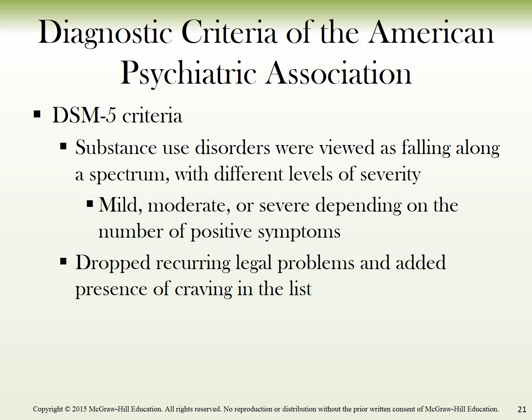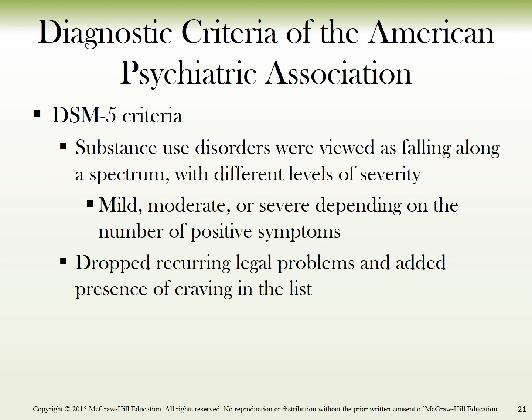If a person meets 2 or 3 symptoms, they're classified as having mild substance use disorder. If a person is positive for 4 or 5 symptoms, they're classified as having moderate substance use disorder. If the person demonstrates 6 or more symptoms, they're classified as severe substance use disorder. So mild, moderate, and severe are the descriptors used to distinguish how many symptoms a person is positive for.